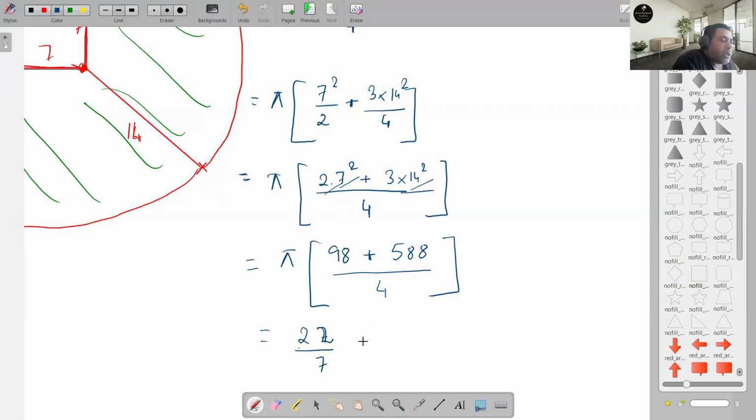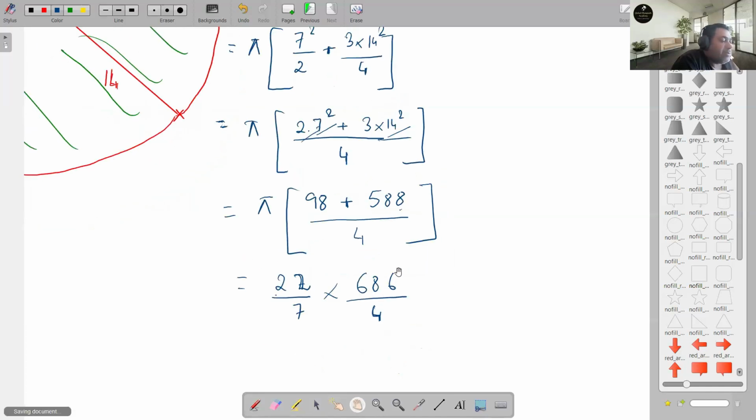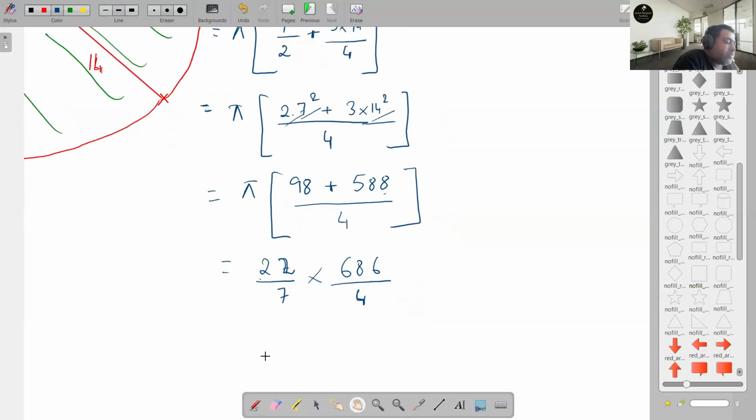Okay, multiplied by 588 plus 98, which is going to be 686 by 4. Now 7 goes in 630 90 times, and in another 56 it will go 5 times. Correct.